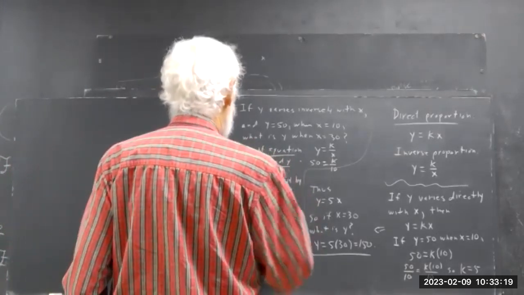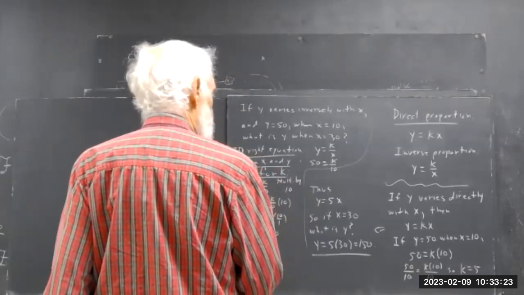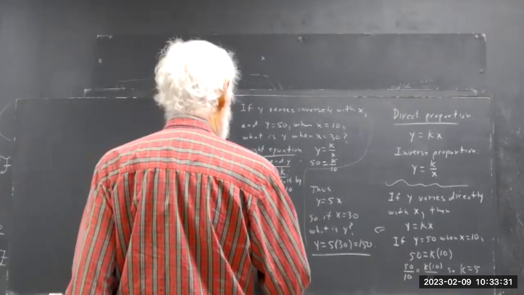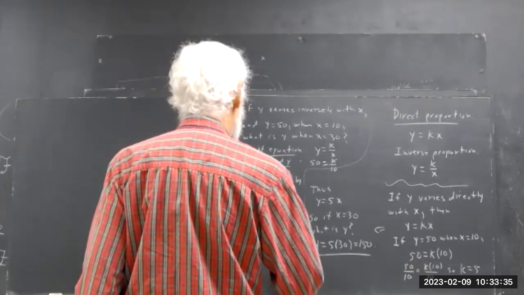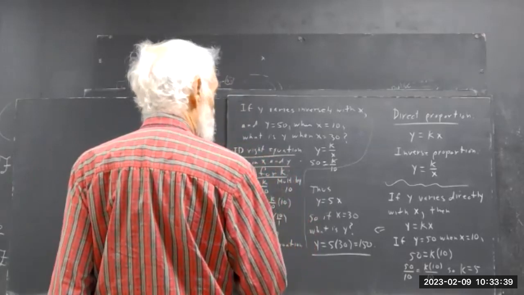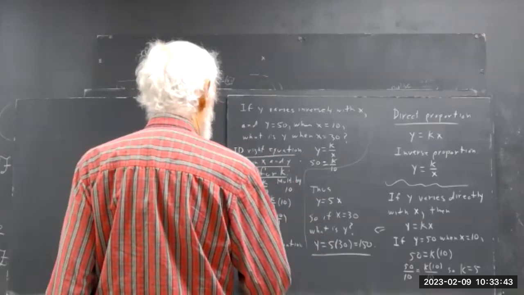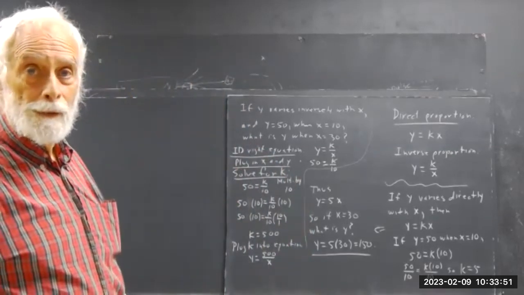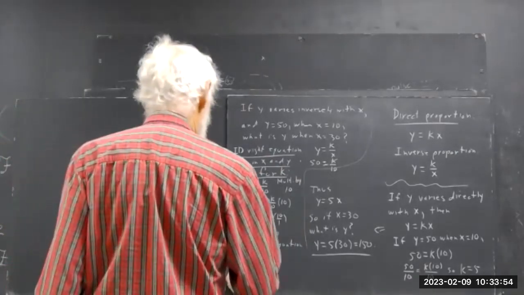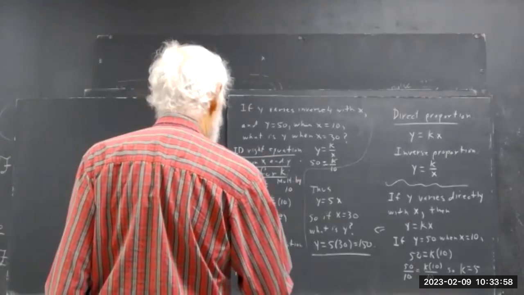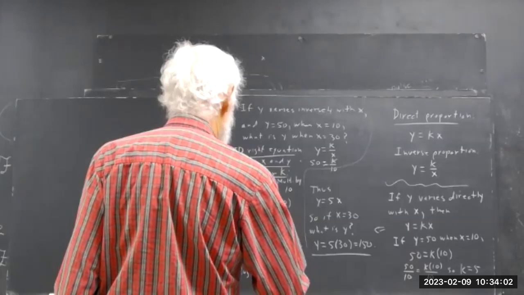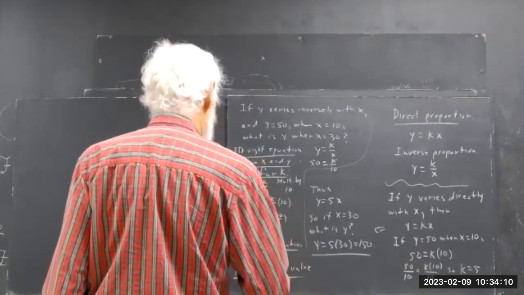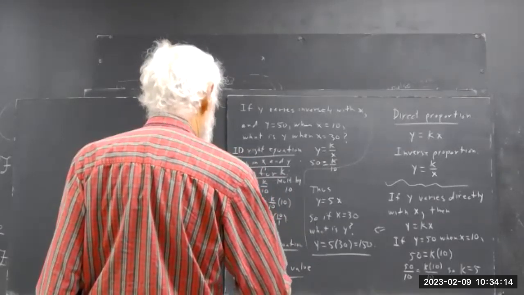Write the equation, plug in, solve for K, get K. Now that we've got K, we plug K into our equation to get y equals 500 over x. Okay. Now plug in the new value of x.